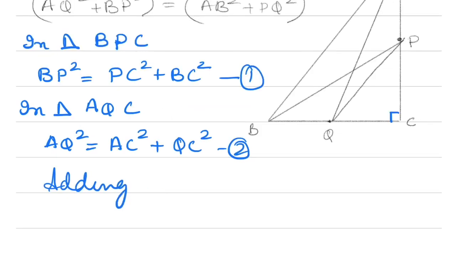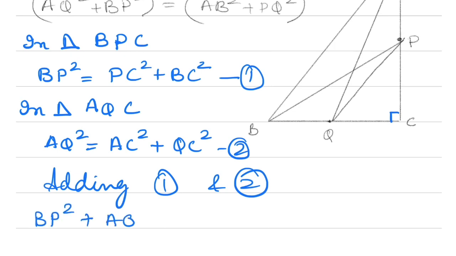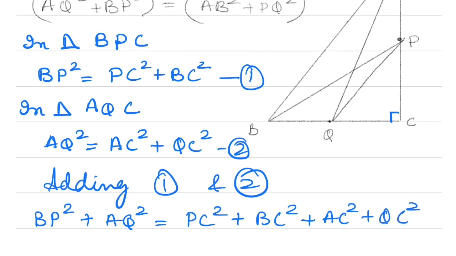Adding 1 and 2, we get BP square plus AQ square is equal to BC square plus AC square plus PC square plus QC square.